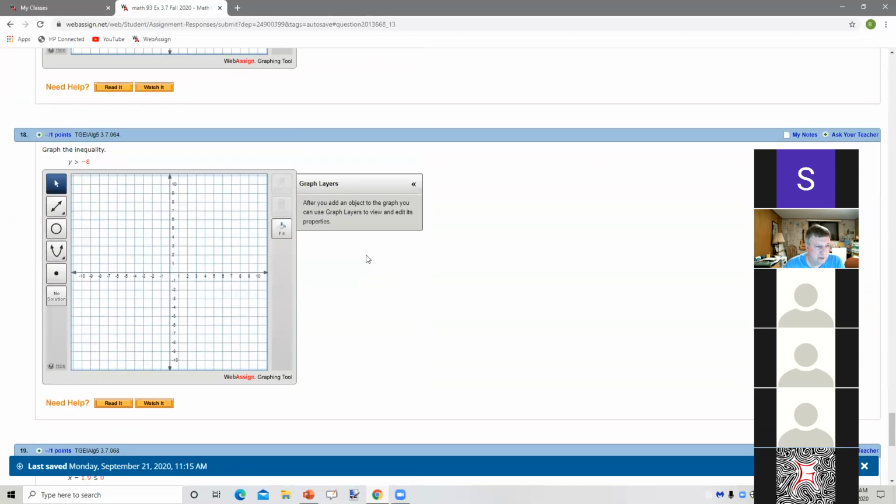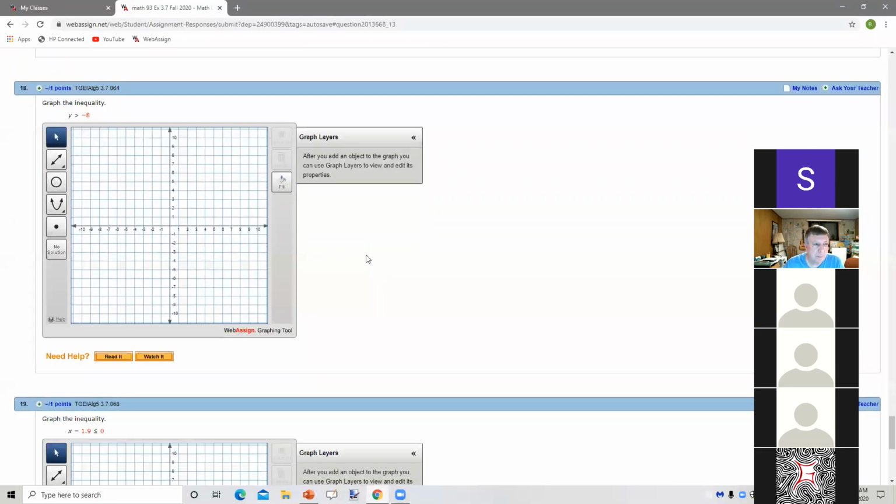Let's do this one, number 18. It says y is greater than -8. So y equals -8 would be a vertical or horizontal line? Where would all the y values be -8? Wouldn't it be down here? Horizontal. Yes. Okay.